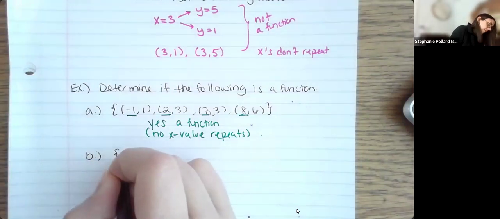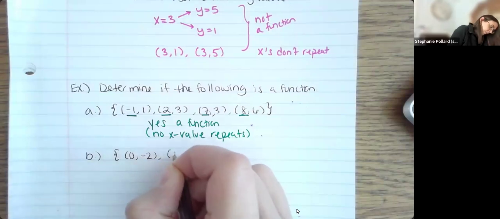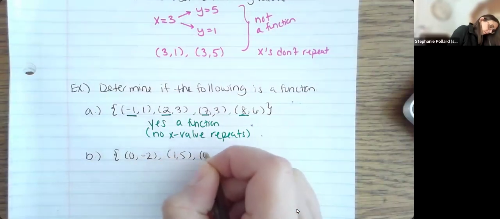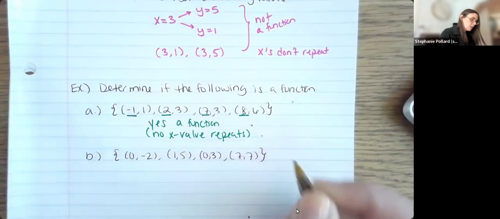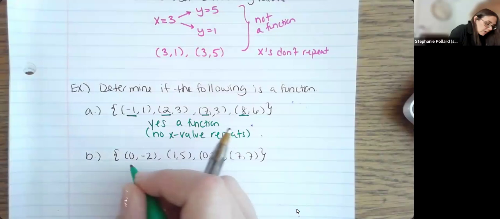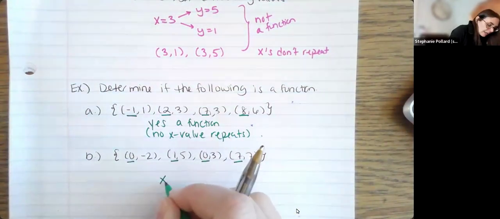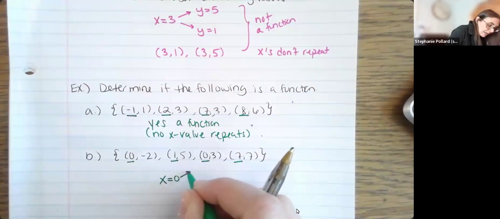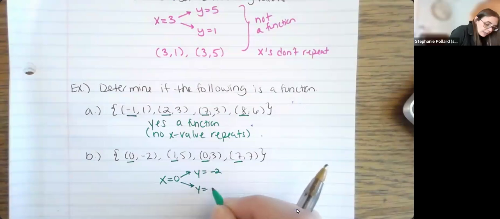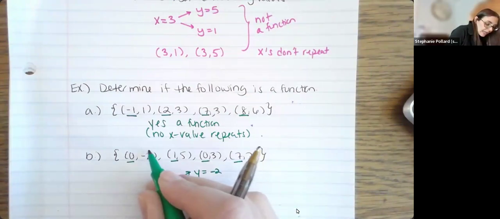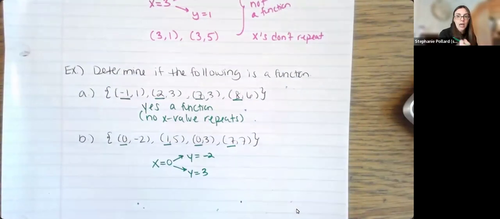Or if I give you an example like this, here my x values are 0, 1, 0, and 7. Notice that I'm seeing x equals 0 twice, and it has 2 different y values, though, right? It's not the same point. They're 2 different points. This one has a -2, this one has a 3. So that is making it not a function.